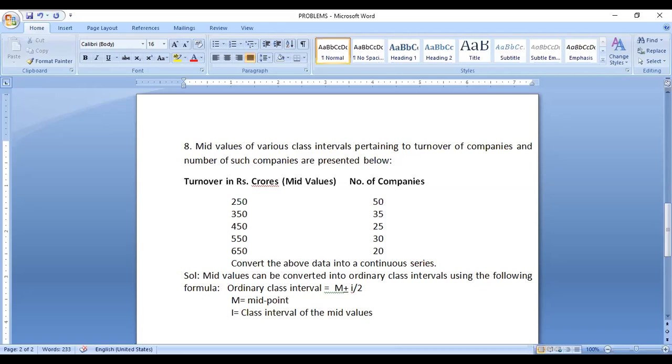Then I small letter we use. Then lower limit of class, that is lower limit, I mentioned lower limit will be called as L1, is equal to m minus I by 2.